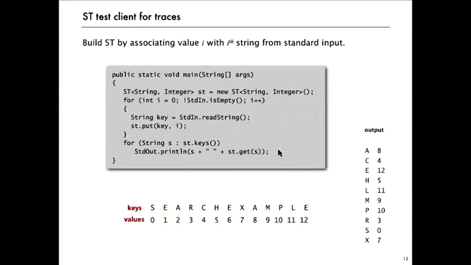And notice it's an associative array implementation. So for example, we have two E's, and at the end, E is associated with value 12, the place where it most recently appeared. We could also keep these things in a bag and do a client that gives all the positions that appeared. This is a simple indexing client that we use for our traces.